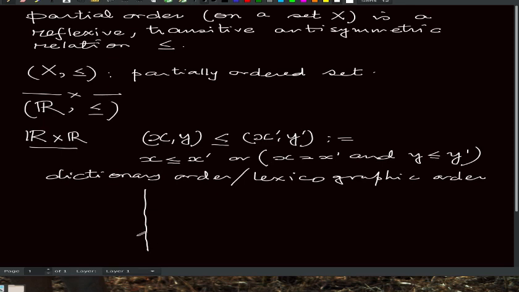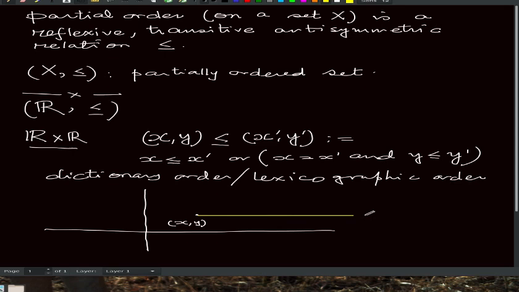So how does this order look like? So if you have this as your R in the plane, and you take a point xy over here, then everything whose x coordinate is bigger than x, the moment the x coordinate is bigger, it is bigger.